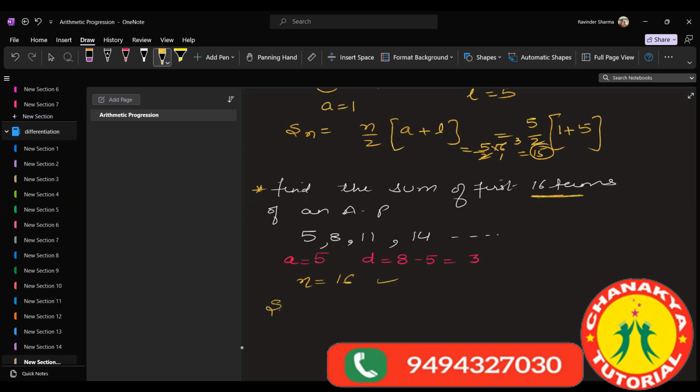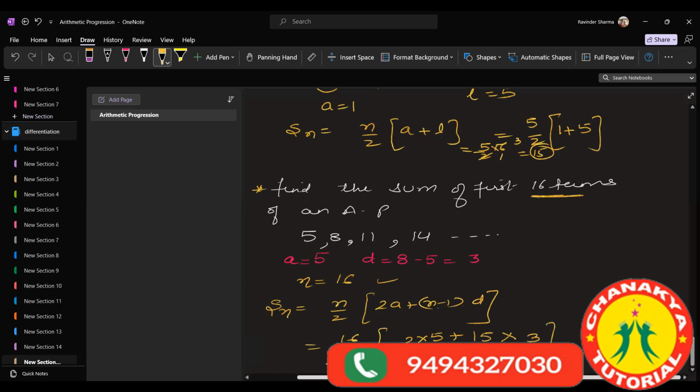Now apply the formula. Sn is equal to n by 2, 2a plus n minus 1 into d. Now the value of n, 16 by 2, 2a, 2 into 5 plus 16 minus 1, 15, into the value of d, 3.